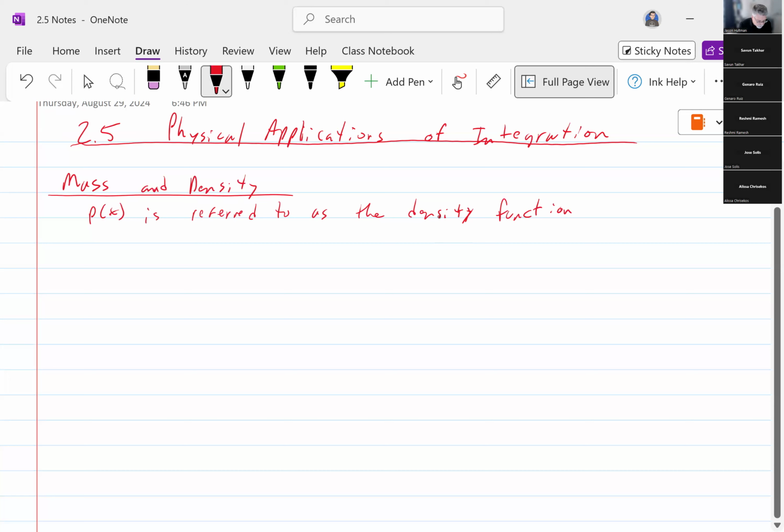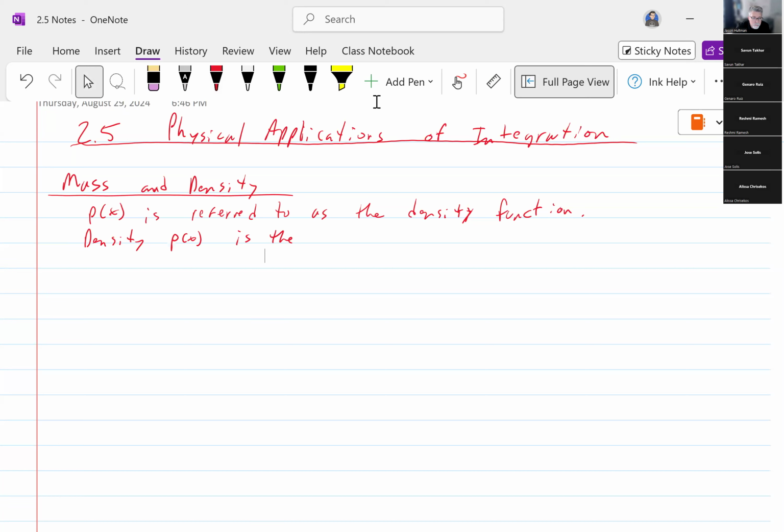But rho looks really close to P, so we'll just go with P. Density, P of x, is the measure of the ratio of mass to volume.